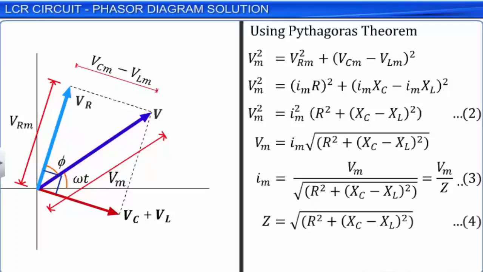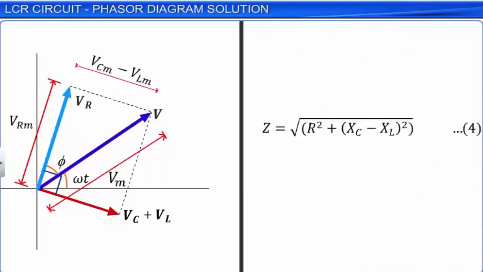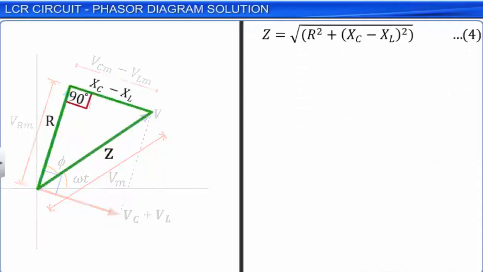The impedance equation can also be written as Z square is equal to R square plus XC minus XL square. This equation represents a right-angled triangle as per Pythagoras theorem. This triangle is called the impedance diagram.